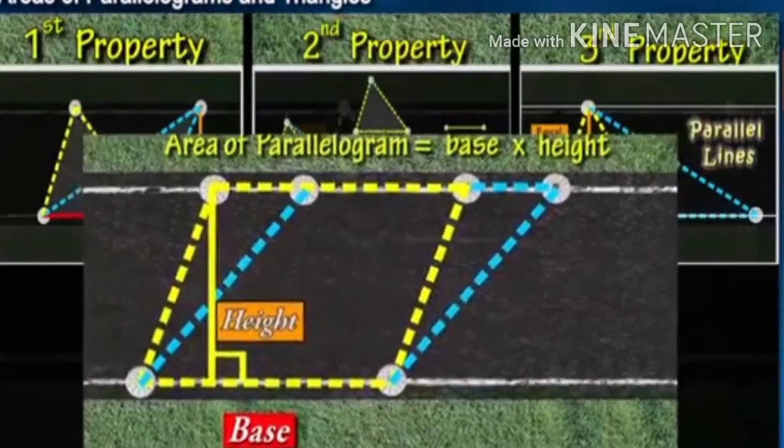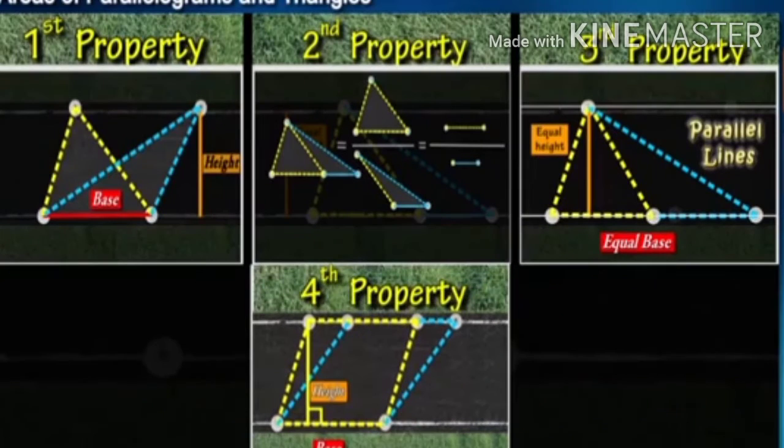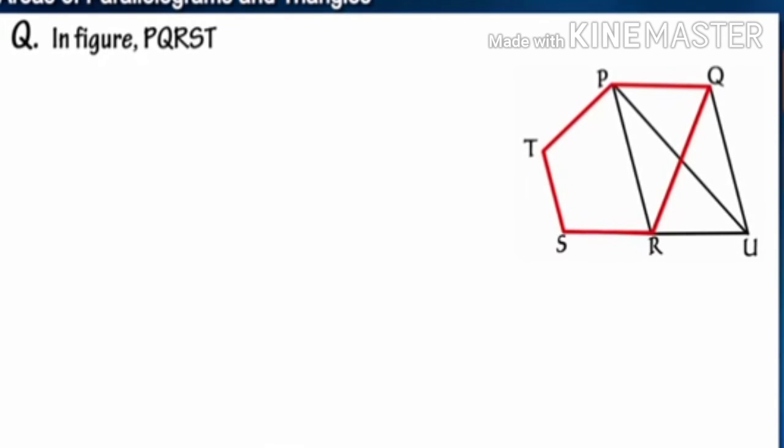Wasn't this session interesting? We have learnt a few important properties about triangles and parallelograms. But where are we going to use these properties? Let's have a look at one problem which we will solve using these properties. In the given figure, PQRST is a pentagon.